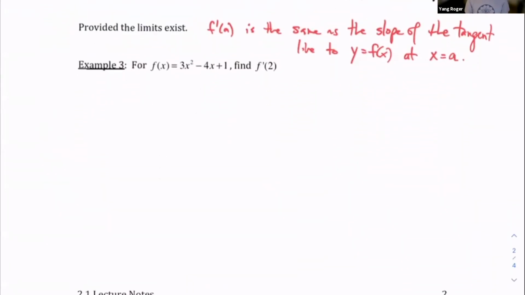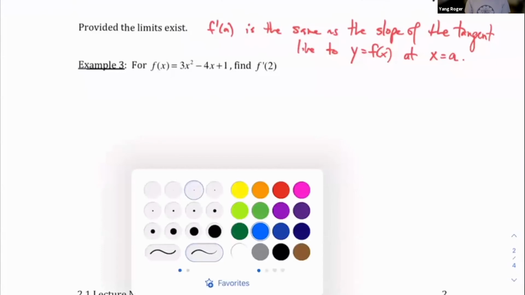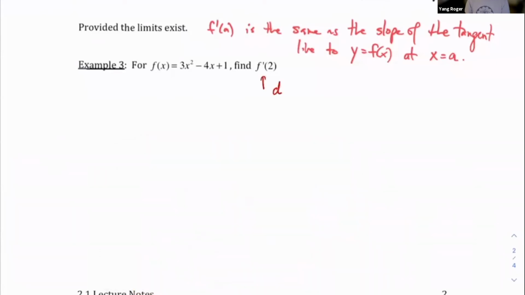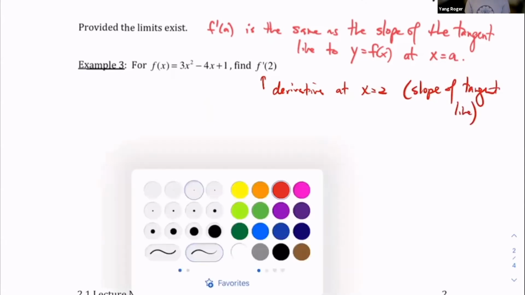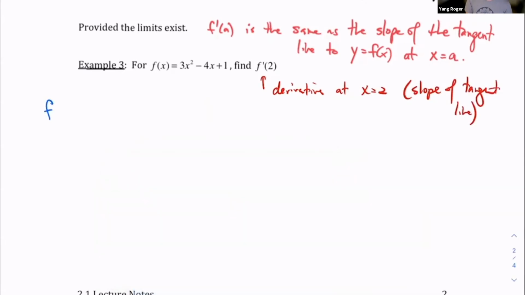For this one, we want to find f prime of 2. Remember, f prime of 2 means the derivative, so this is the slope of the tangent line. Okay. So we know that to find f prime of 2, we need to calculate the limit as h goes to 0 of f of 2 plus h minus f of 2, all divided by h.